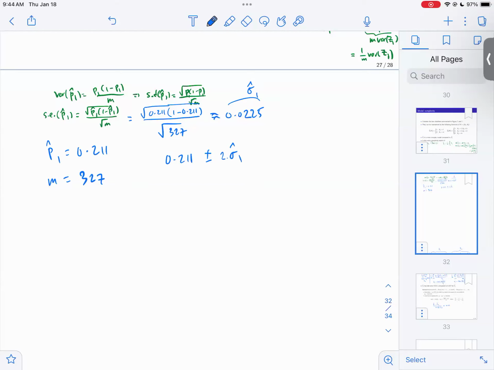One standard deviation away is about 0.02, and the other one is 0.217. So the error is of the order of 0.02, which just covers the other one.